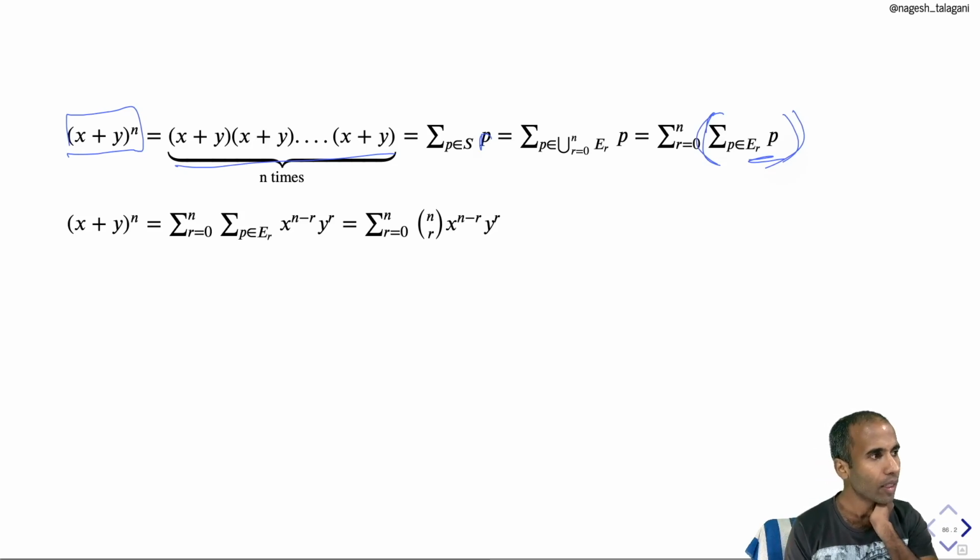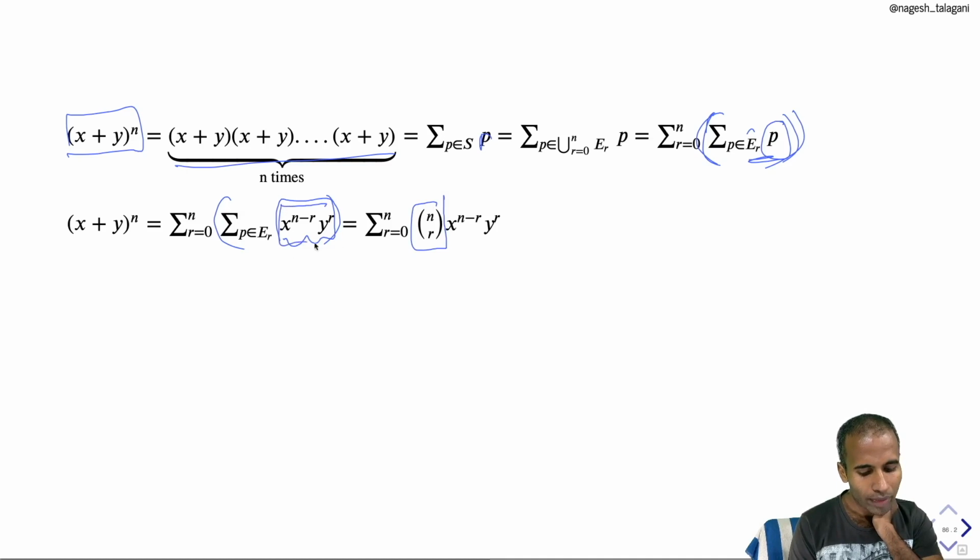Fine. Now we know that each permutation in E_r will be associated with a term x to the power of n minus r times y to the power of r. That's why I'm replacing the permutation corresponding to E_r with this one. Now here, the inner summation where p varies over E_r. In E_r, we know that there are n choose r terms.